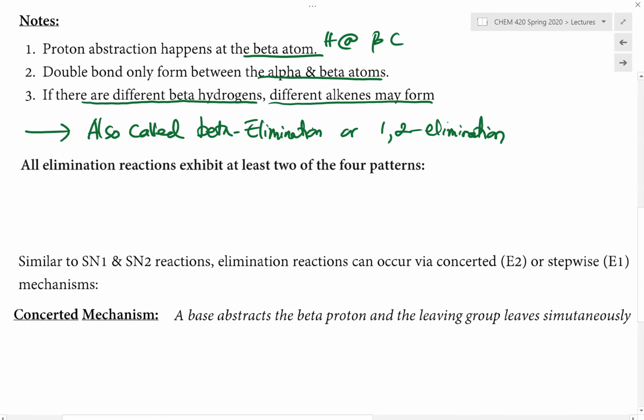And as elimination reaction happens, it exhibits 2 of the 4 steps. And in this case right here, these 2 steps are also referred to as the core steps. And those 2 steps are as follows. First, the proton transfer.